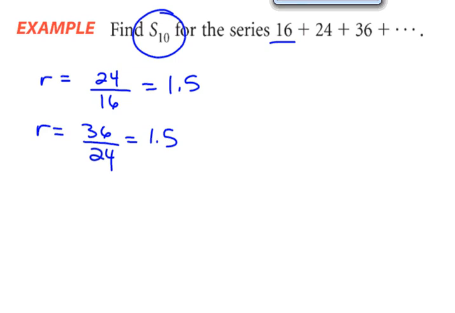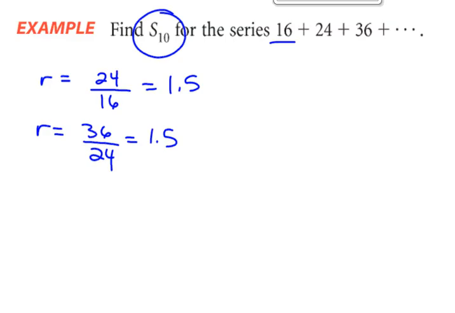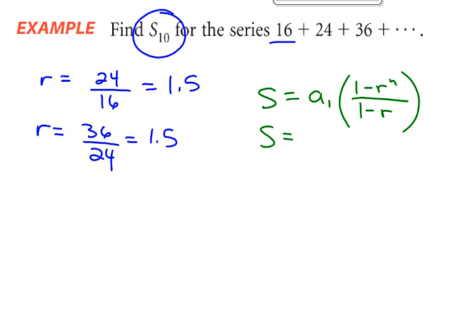So we know a sub 1, we know r. We can now plug into our new formula for finite geometric series. So here we go. S equals a sub 1 times 1 minus r to the n over 1 minus r. We just said that we're being asked to find S sub 10, so that's S sub 10. a sub 1 is 16. 1 minus 1.5 for r raised to the n power.